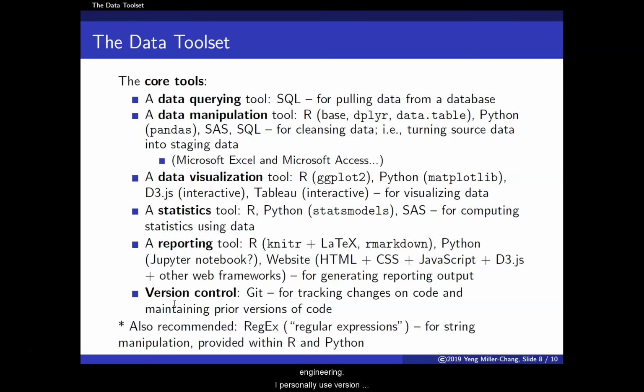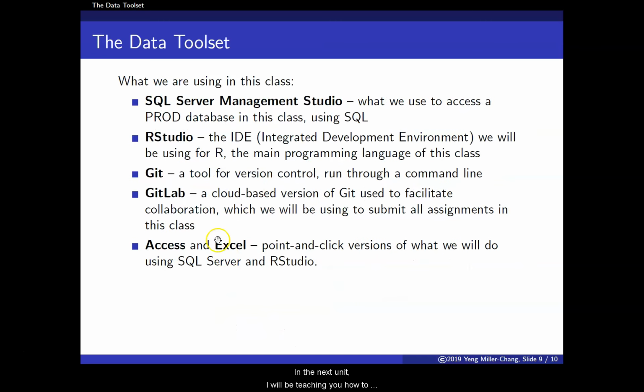I personally use version control for everything, including these slides, but from my experience, it hasn't been as widespread in data science. I will also be teaching you about regex toward the end of the semester to do advanced string manipulation, which is provided within R and Python. Regex is not traditionally taught in data science programs, but I've used it enough in practice that you should at least know about it. In the next unit, I will be teaching you how to install some of these tools.